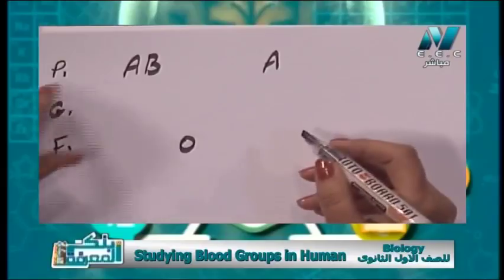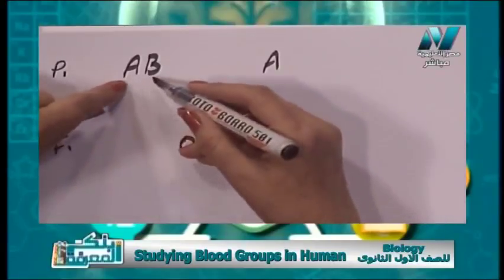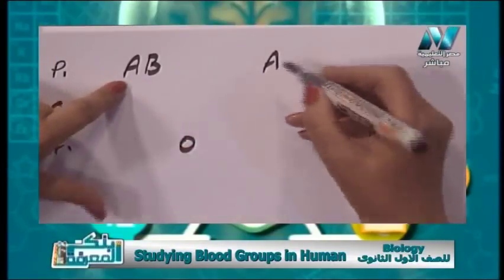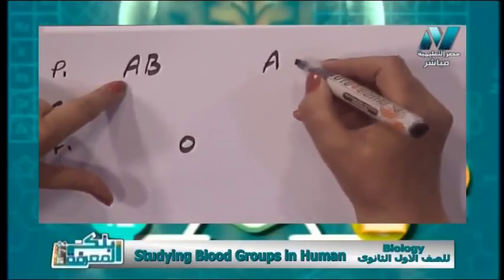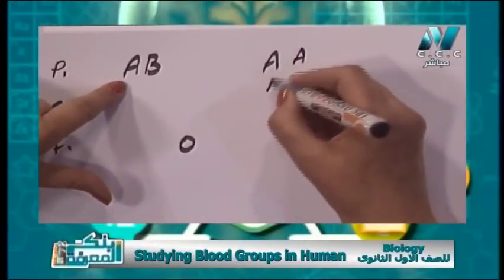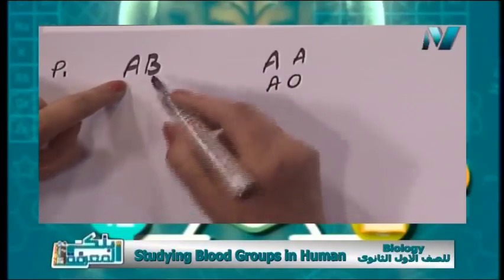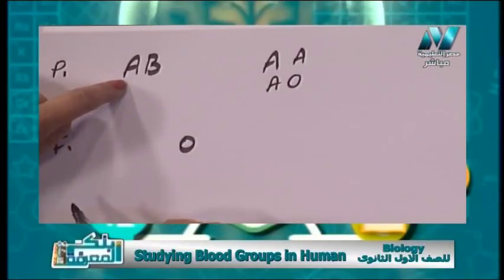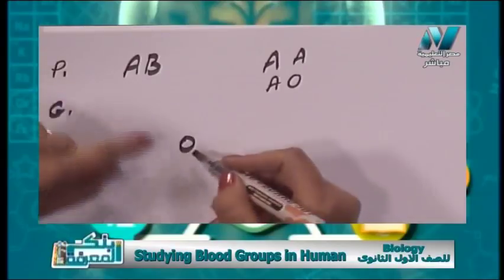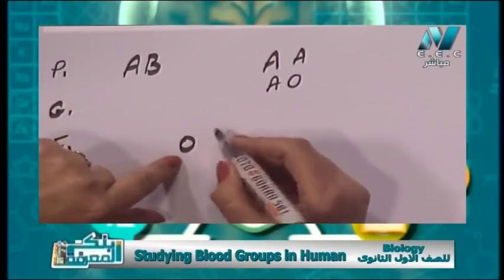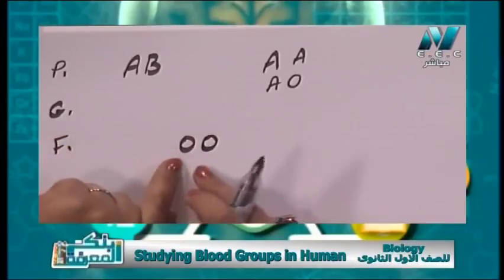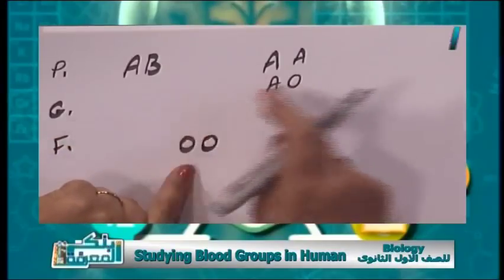What do you think? The blood group A could be AA or AO, and the blood group AB has no other chance. It must be AB. And this child should get 2 O genes, one from each parent.